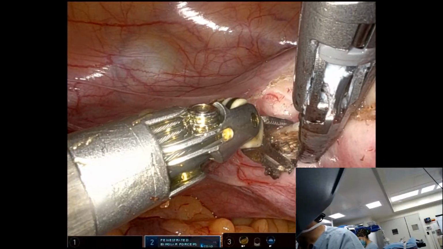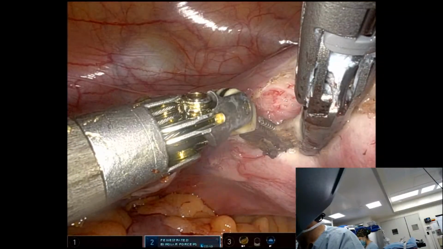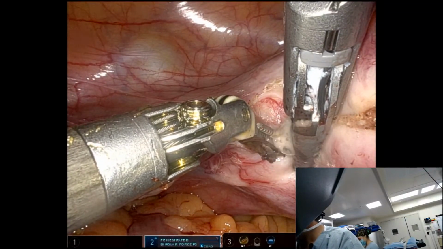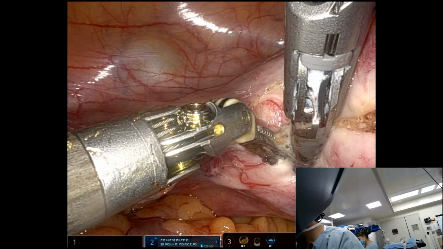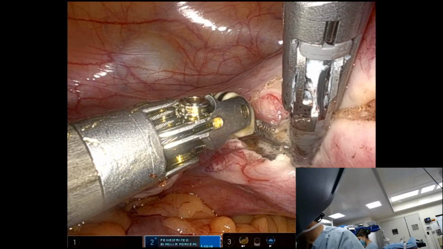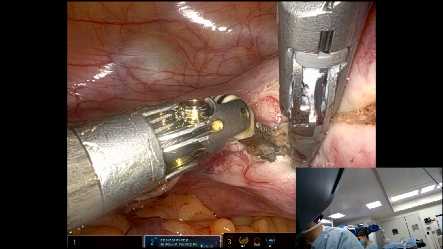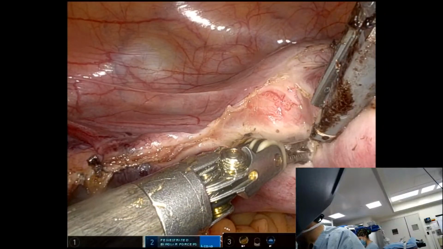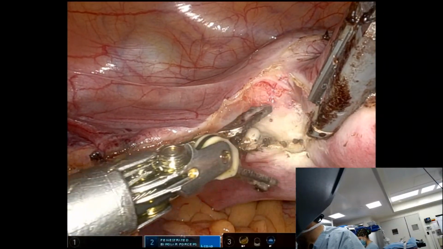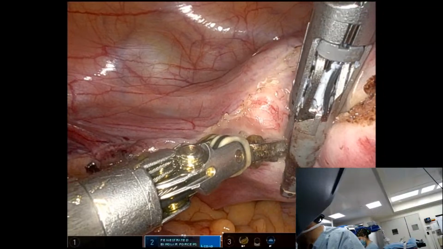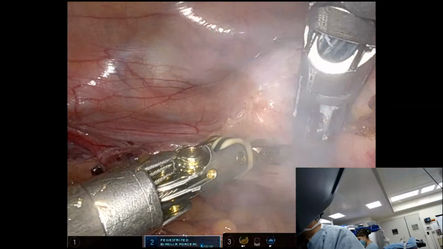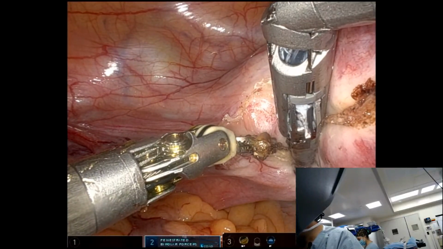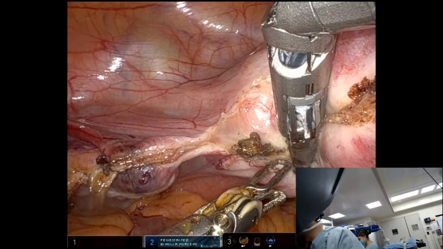Secure these veins and artery. Before transecting, make sure that we have good hemostasis here. And sometimes the uterine artery coils back here. You can see here, this is the hysterectomy ligament right there.